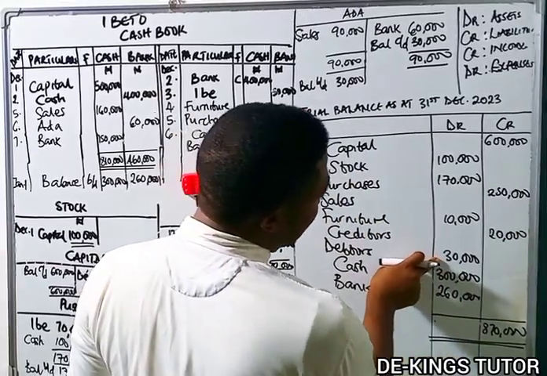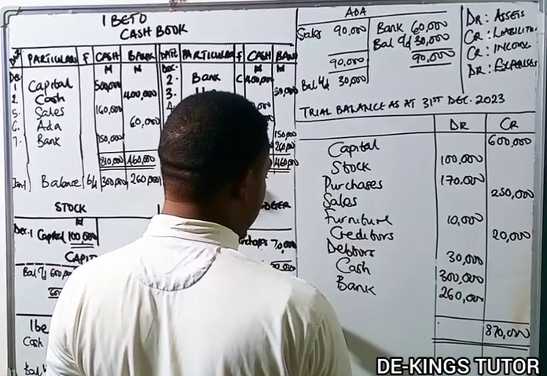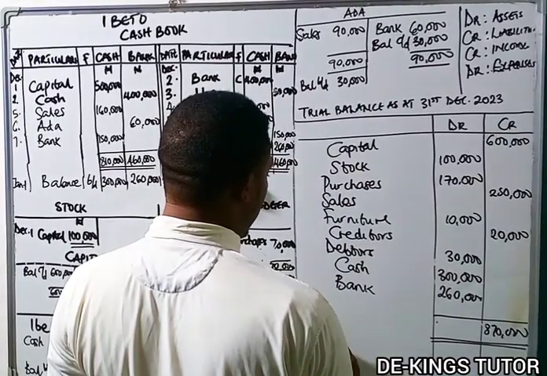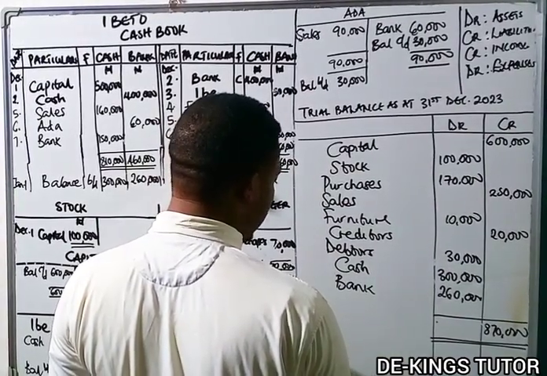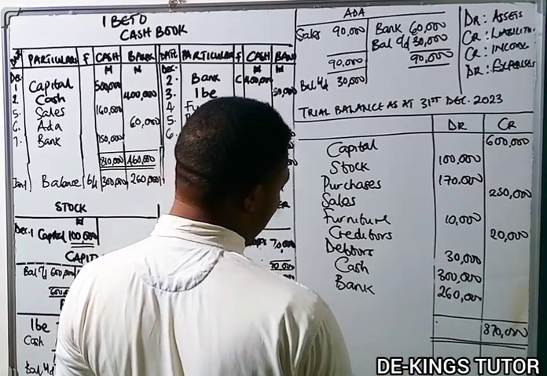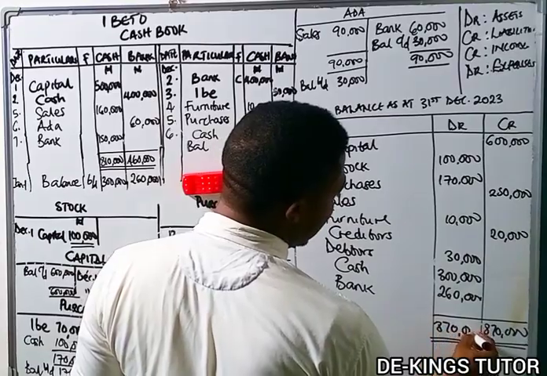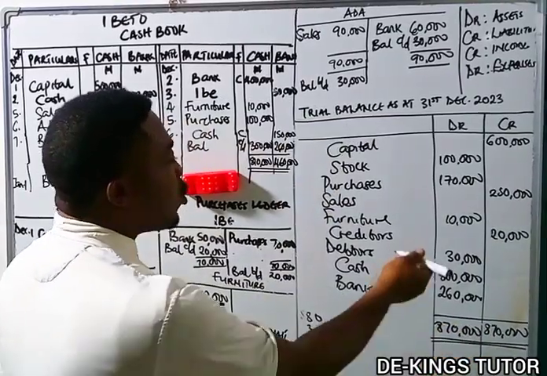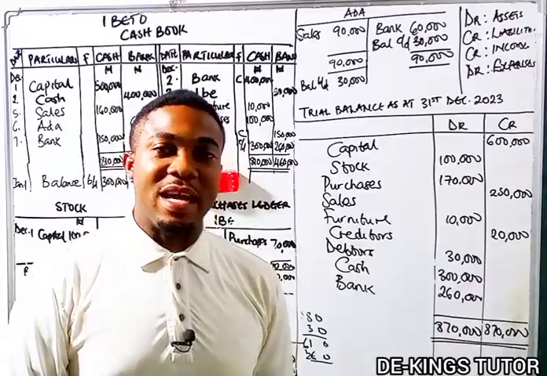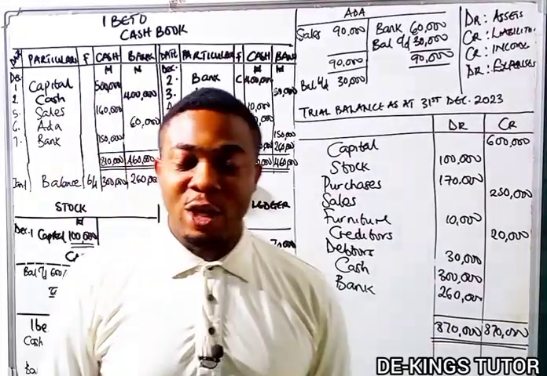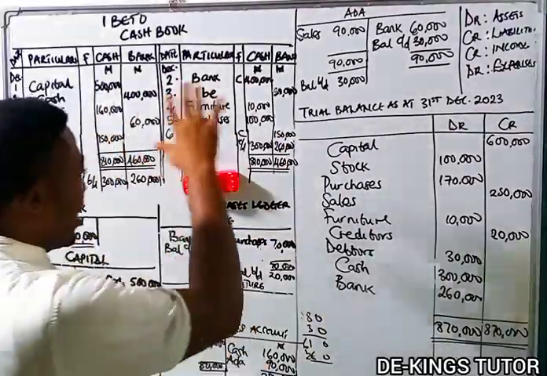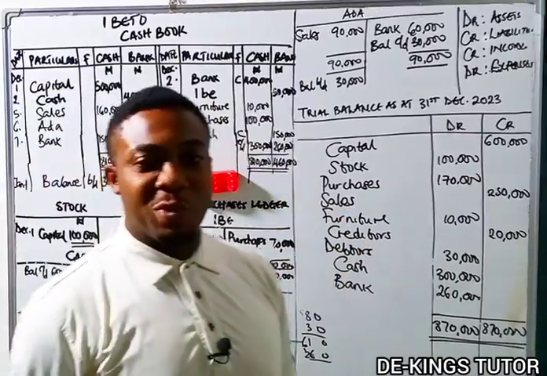Plus 30, and plus 260, will give us 870,000. Okay, so it balanced automatically without any discrepancy. So it means that what we did here is correct. So that's how to prepare that question.